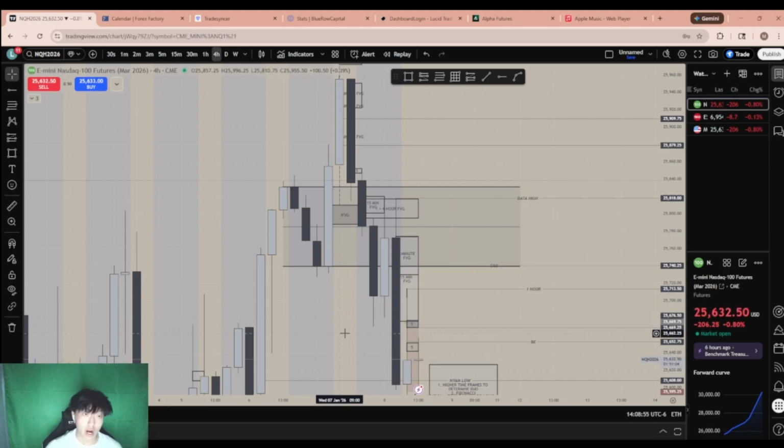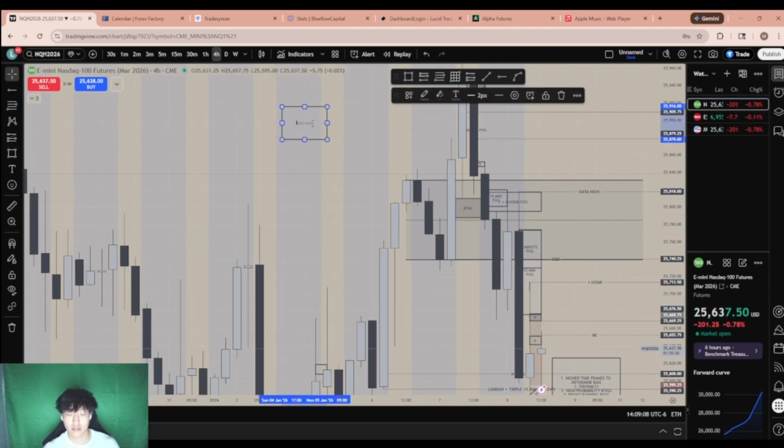And if you hop on a 4 hour time frame, you see that yesterday and this morning, we were just making higher time frame bearish PD arrays. PD arrays is just ICT concepts, pretty much. Order blocks, breaker blocks, fair value gaps, inversion fair value gaps, rejection blocks.